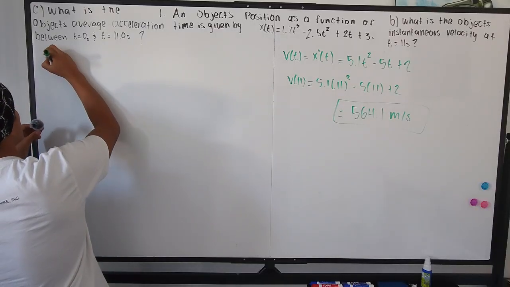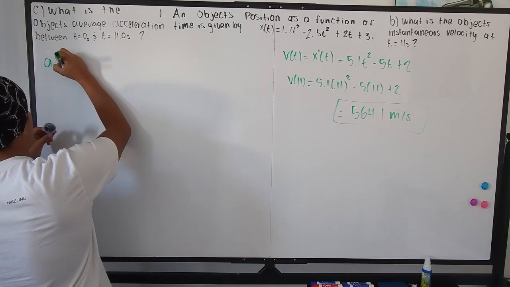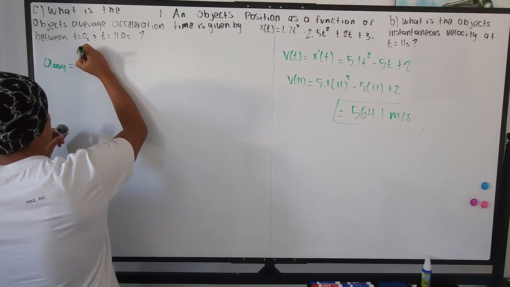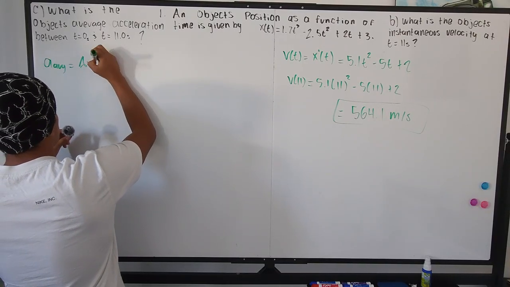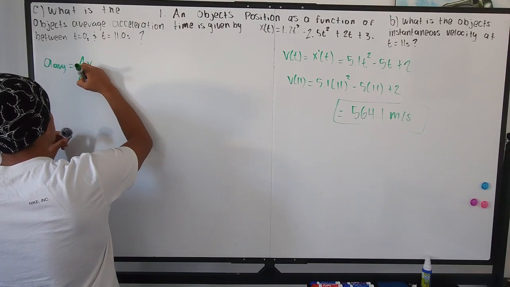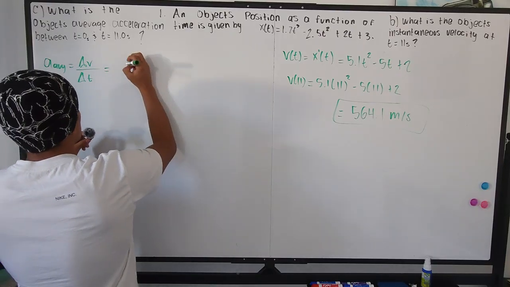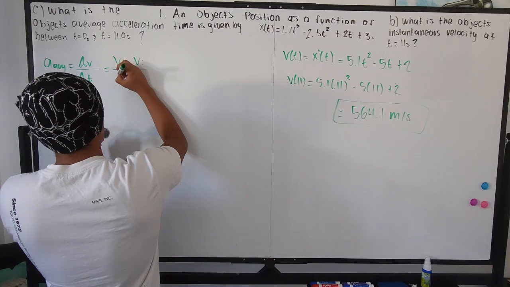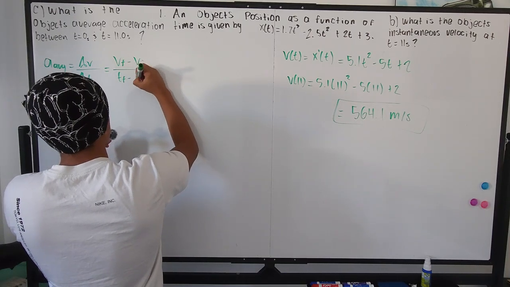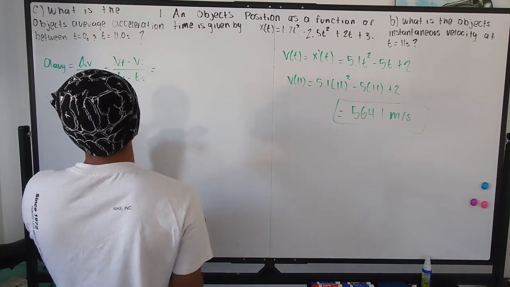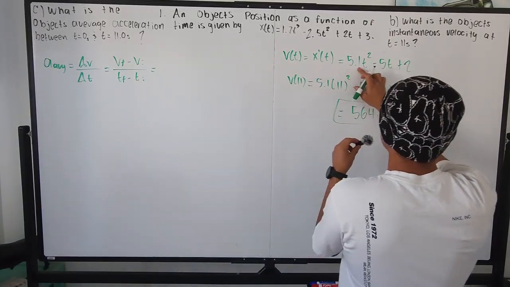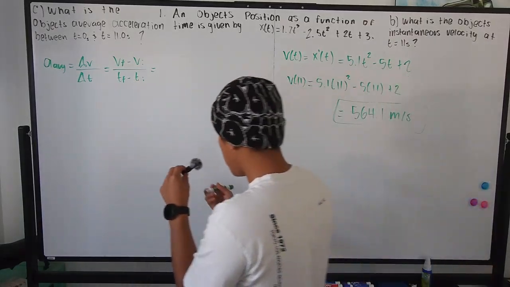So for this one, the average acceleration is going to be equal to the change in velocity over the change in time. That's velocity final minus velocity initial all over time final minus time initial. Since we just found a function for the velocity, we'll just use that.